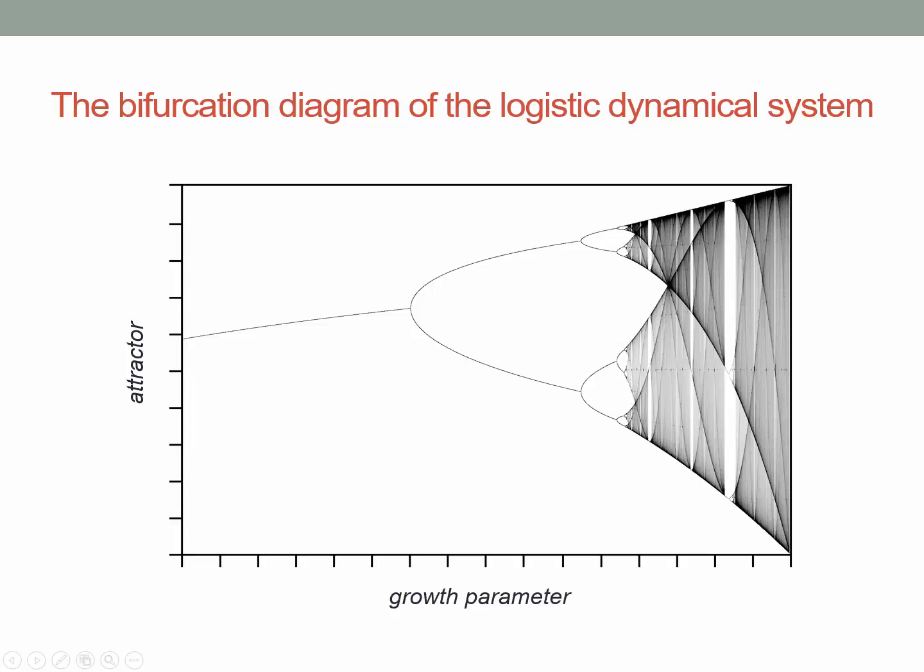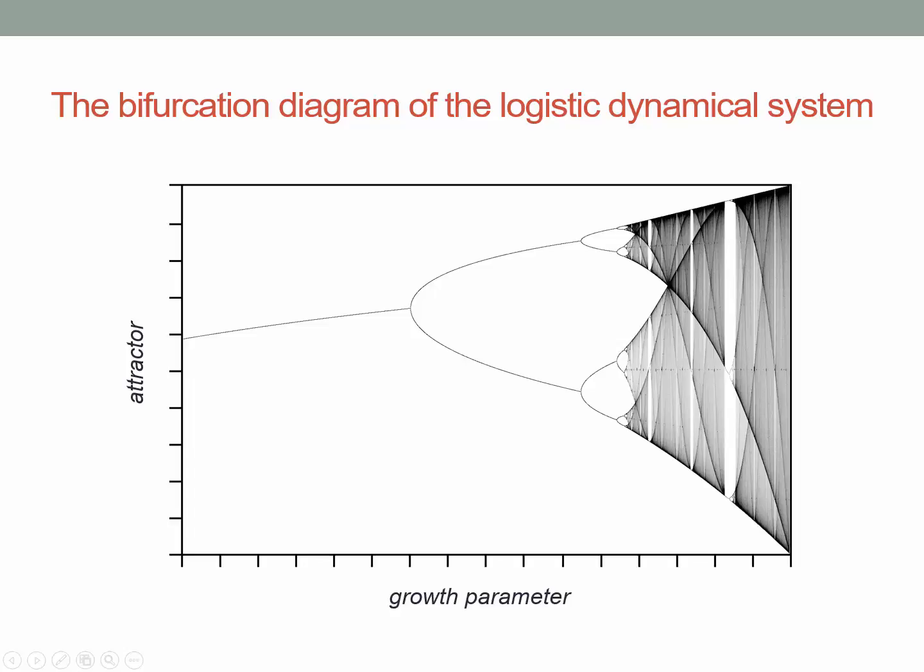This is showing what's called the bifurcation diagram for this logistic growth model, or this logistic dynamic system. Now, the axis at the bottom, the horizontal axis, is recording the growth parameter. So starting at some low values, going up to higher values. And on the left, it's showing you, well, what numbers actually are in the attractor.